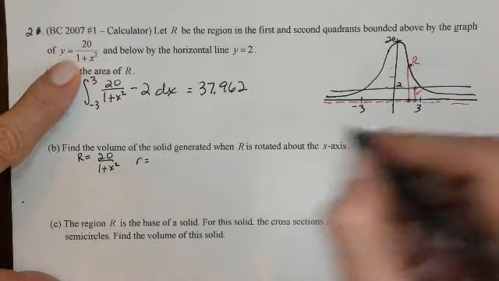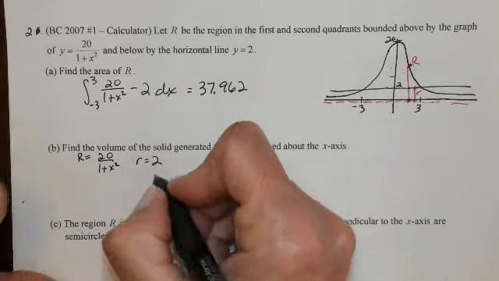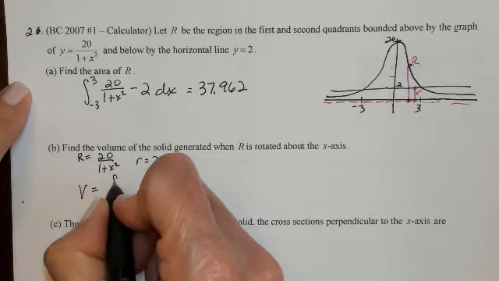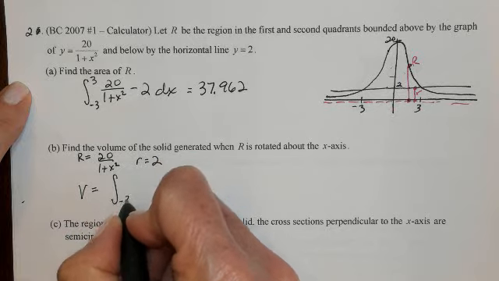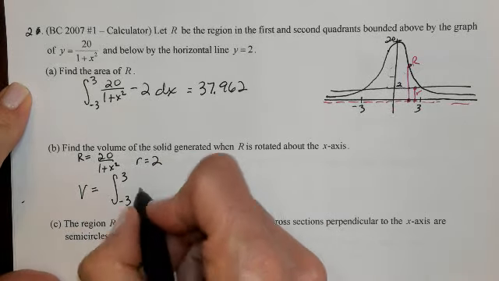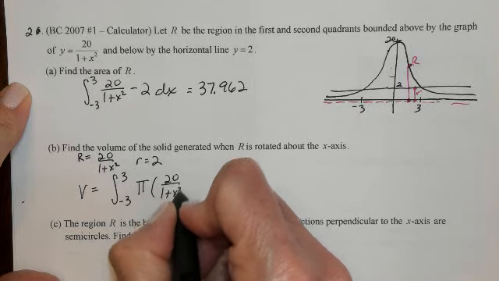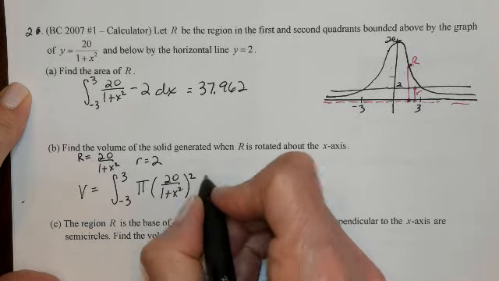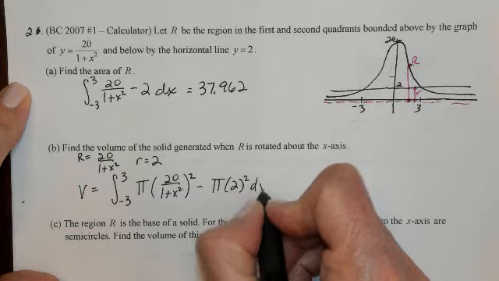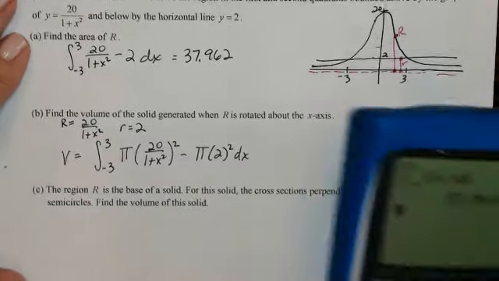Little r is 2 minus 0, so little r is just 2. So the volume will be the integral from negative 3 to 3, because those are our boundaries, of pi big R squared minus pi little r squared, because each cross section here is a circle, right? That's how we got that.